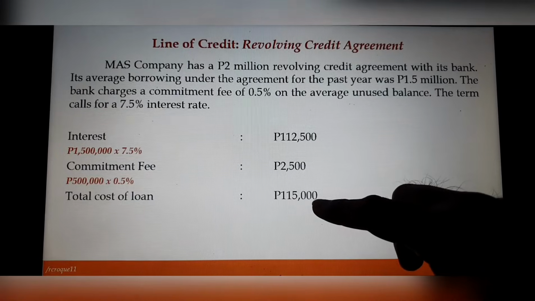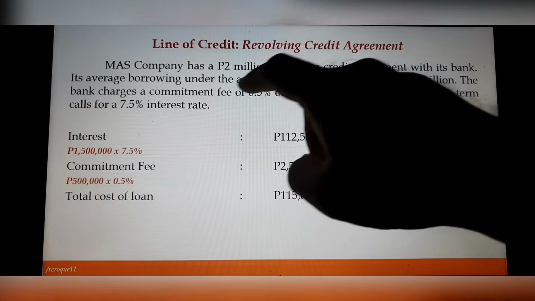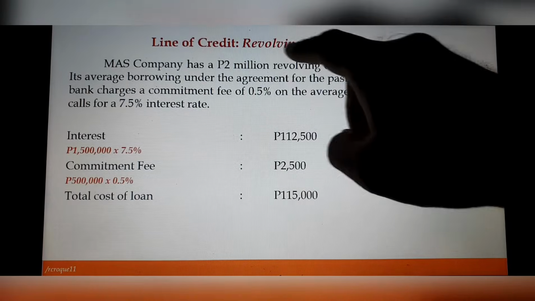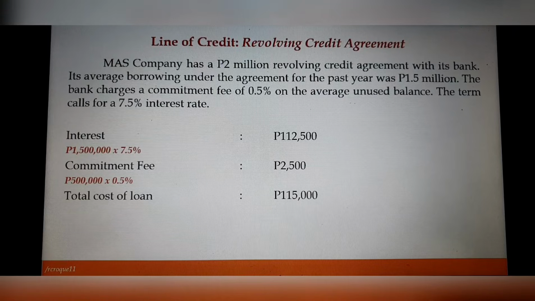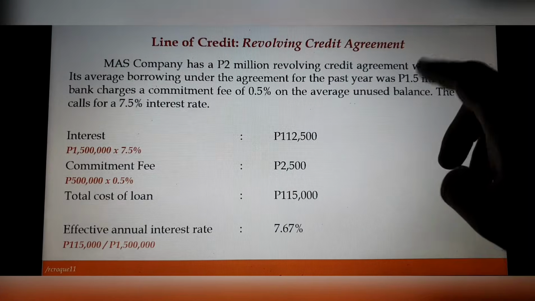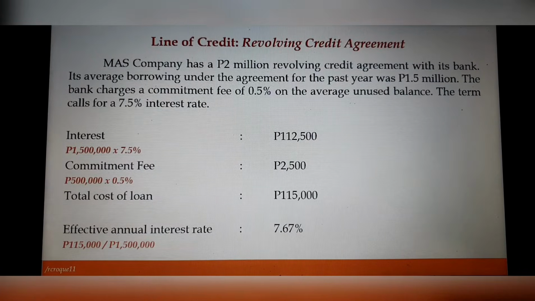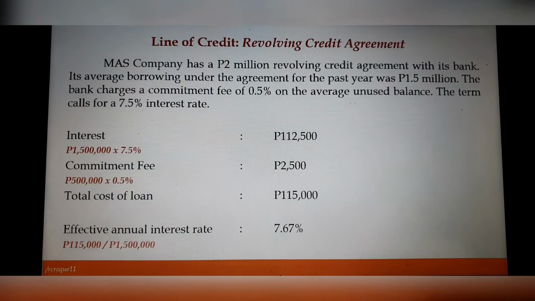So, 115,000. Okay? Ito, hindi naman talaga interest, but just the cost of the revolving credit agreement for the unused balance. Okay? So, magkano proceeds? 1.5 million. Kaya naman, the effective interest rate is 115,000 divided by the proceeds of 1.5 million or 7.67%. Okay?